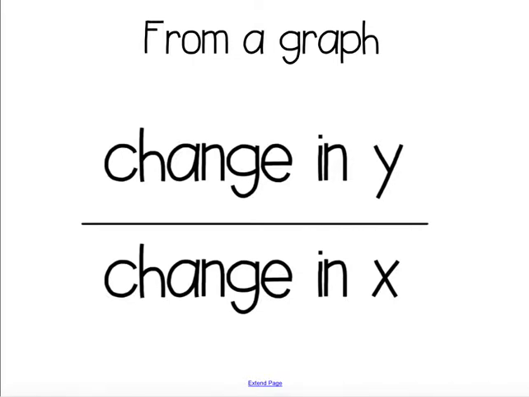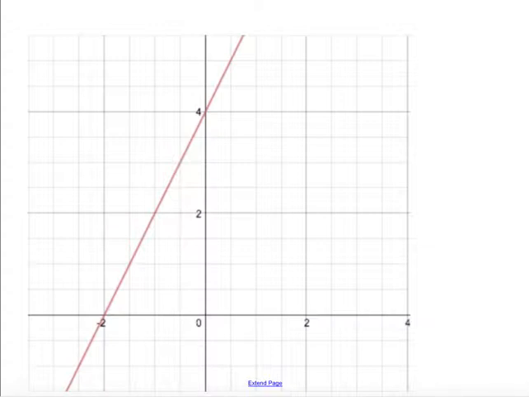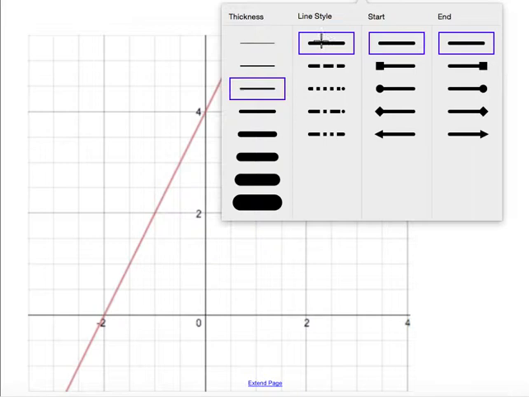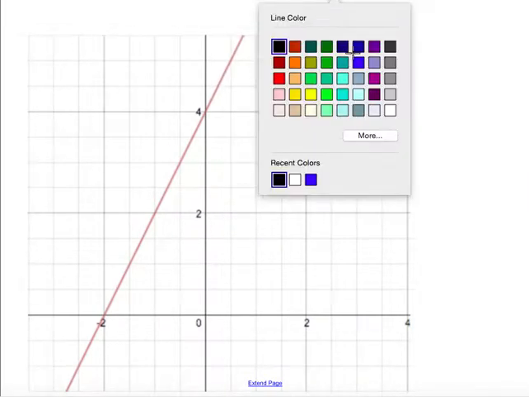So the next way we're going to go over is from a graph. So we have change in y over change in x, and we've talked a little bit about this. When we have done slope from a graph, we have found our growth triangle, so we're going to do that again. I'm going to use these dotted lines to make my growth triangle.